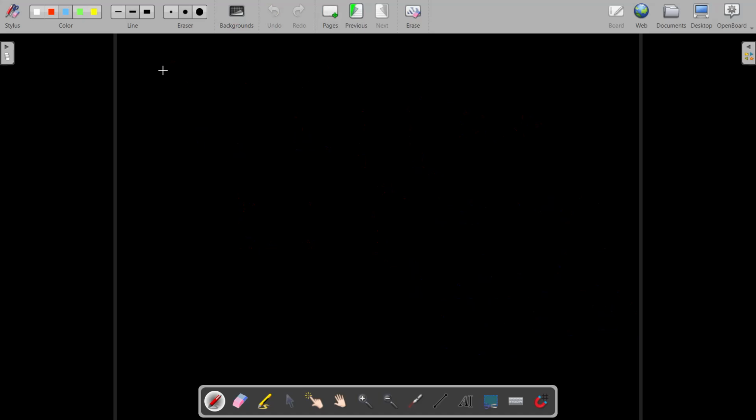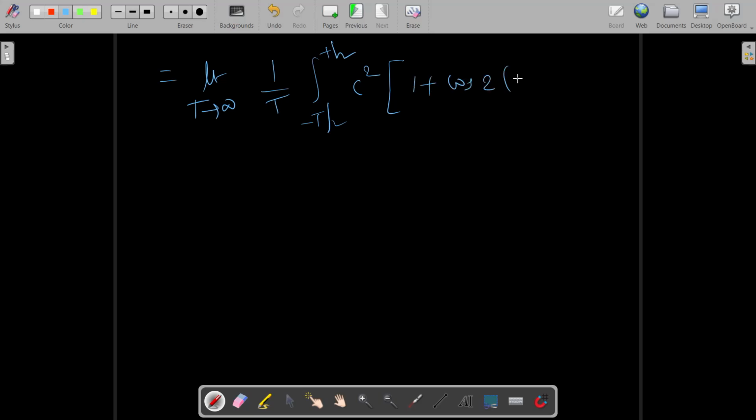This is going to be limit t tends to infinity 1 by t, integral from minus t by 2 to plus t by 2, c squared times (1 plus cos(2 omega naught t plus 2 theta)) by 2 into dt, correct?